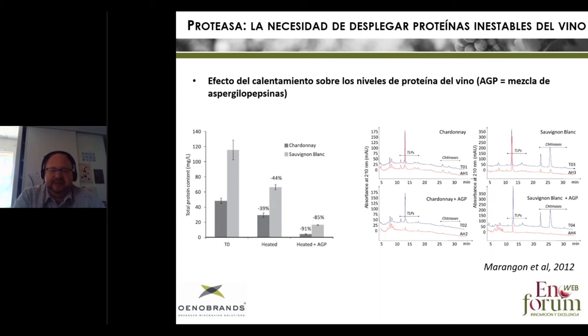In the graph on the left, you can see that just heating can help to reduce the global protein content of wine, but heating with the addition of aspergillopepsins is the only way to roughly completely degrade all the proteins, and especially the unstable proteins, as you can see on the graph on the right: the complete degradation of TLPs and chitinase using heating and addition of protease, in the red curves.